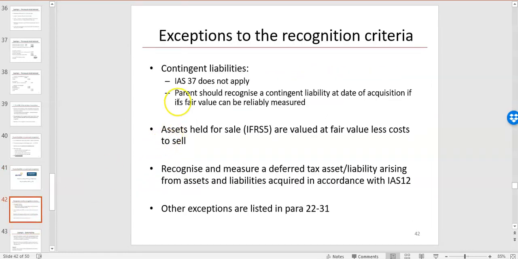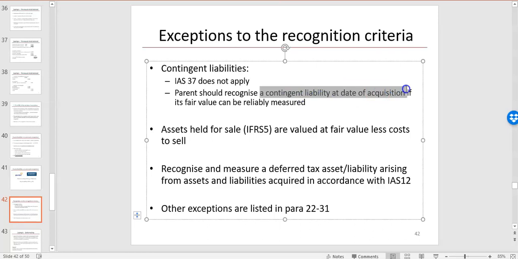The other thing to note here is there are other exceptions, or one main exception at least, which is contingent liabilities. Traditionally, in IAS 37, you would not recognize contingent liabilities because it's only possible, it wasn't probable, at the date of acquisition. However, in IFRS 3, it's an exception. If a subsidiary has a contingent liability at the date of acquisition, the parent should recognize it.